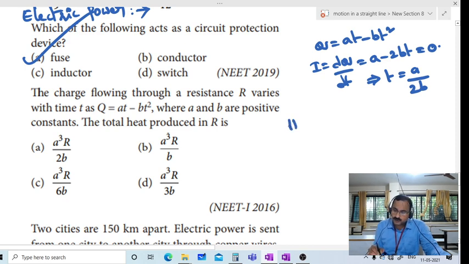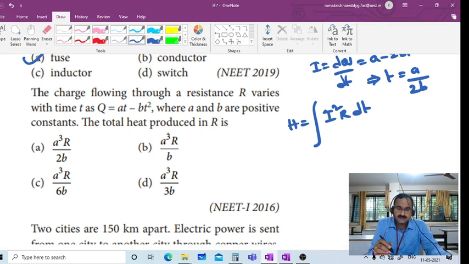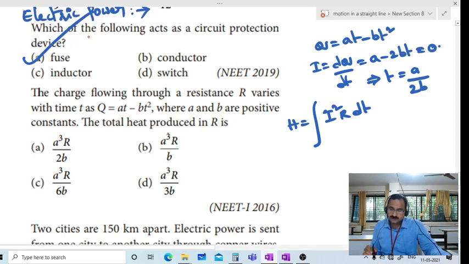So the total heat produced, dH is equal to I square R dt. Integrating on both sides, the limits are from 0 to time A by 2B. What is I square R dt?